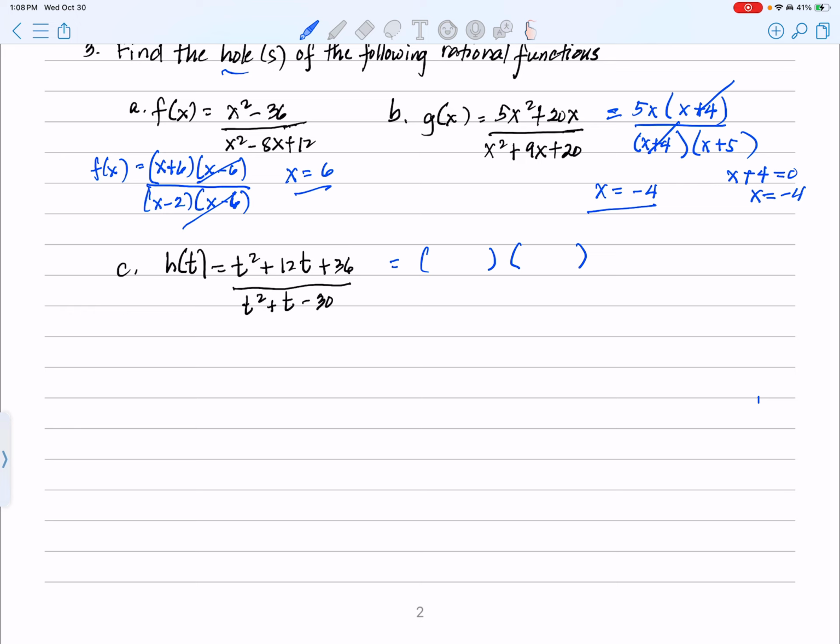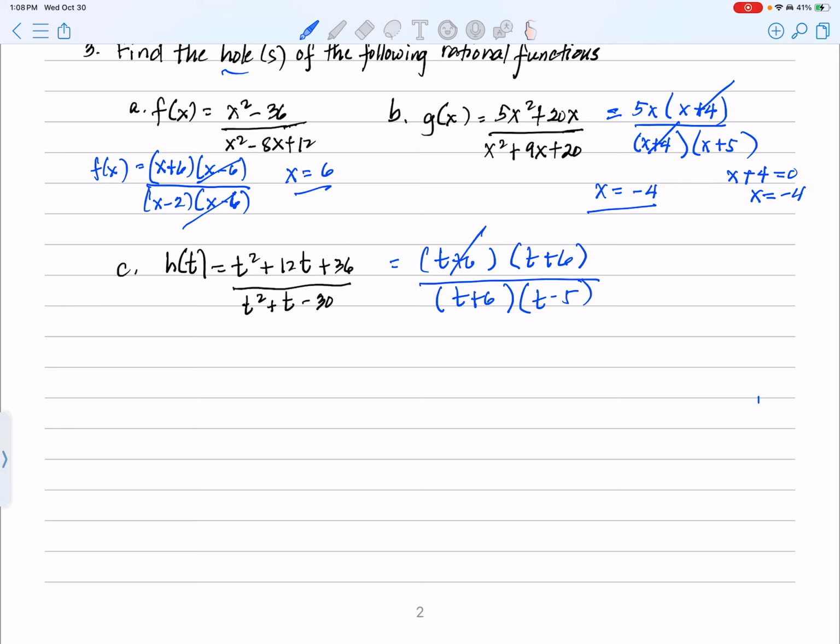Okay, 6 and 6. T plus 6, t plus 6, all positive. Okay, in the denominator, t plus 6 and t minus 5, since our last term is negative, so our factors should be that way.